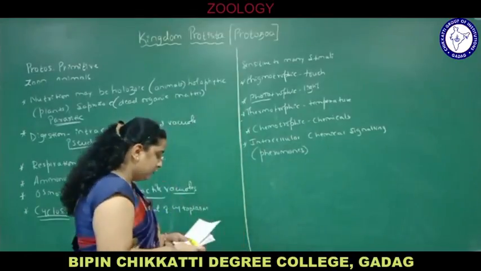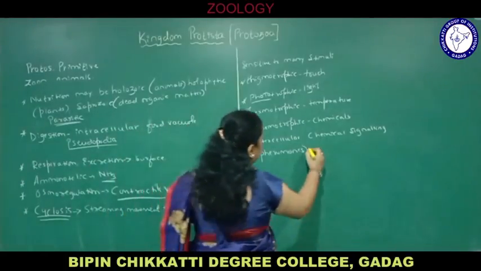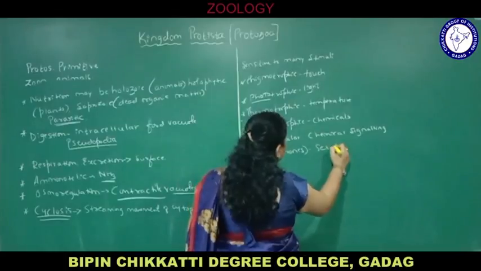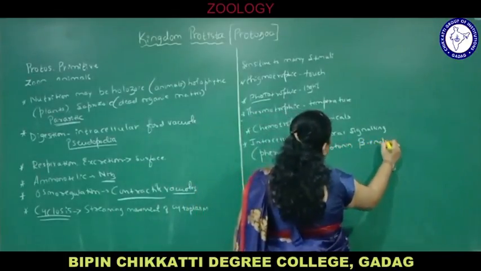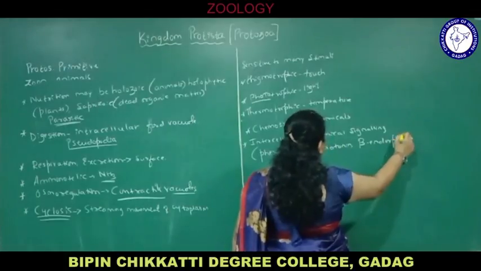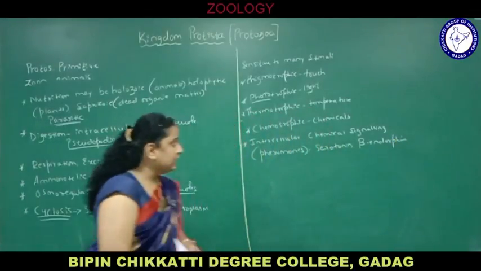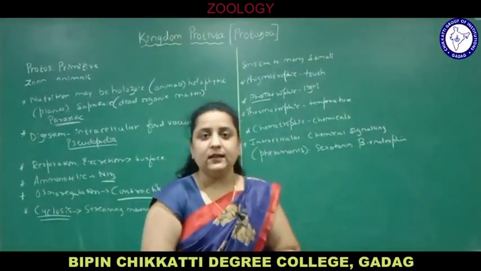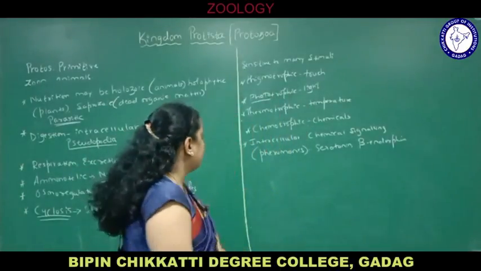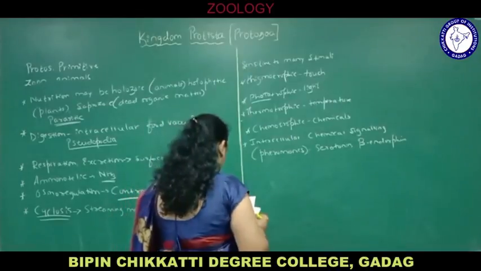They are called pheromones, such as serotonin, beta endorphin, etc. These are released by the body for sexual attraction. They are attracting the opposite sex. So they are called pheromones or chemical signaling.